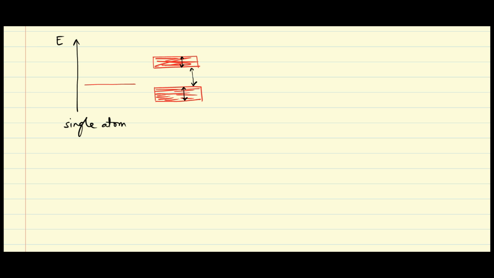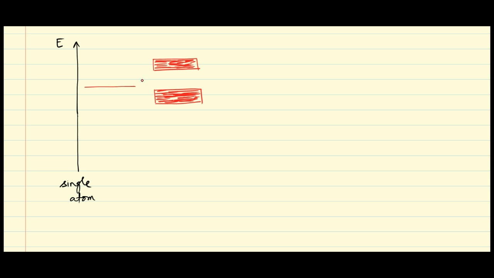And the second odd thing that can happen in real life is that energy bands can actually overlap each other. So I'll show that in this same diagram. Let me just create some space over here. So this single energy level, as before, I've shown it as split into two energy bands.